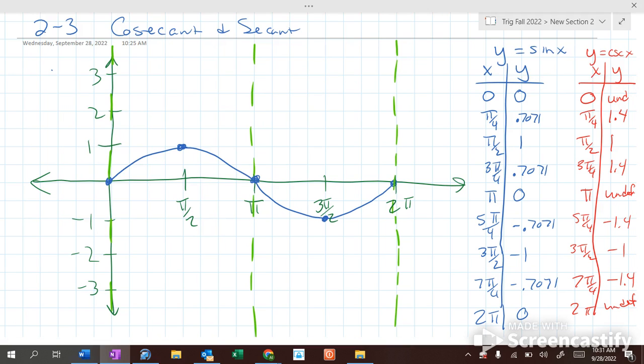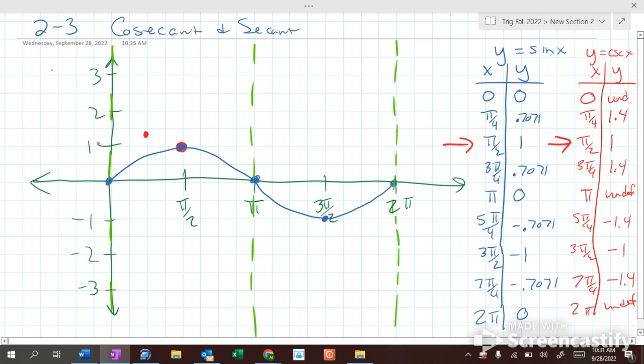So what my graph is going to end up doing is at pi over 2, we're in the same place. We're at 1 for both of them. Pi over 2, 1, pi over 2, 1. At pi over 4, I'm at 1.4. So I'm about there. 3 pi over 4 and 1.4.